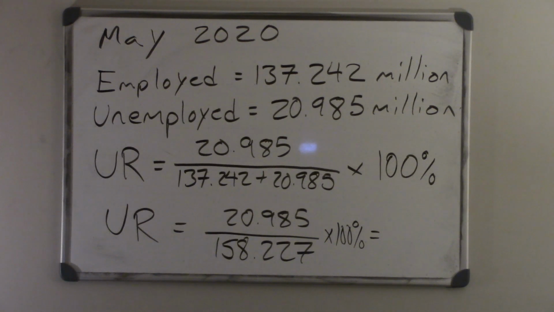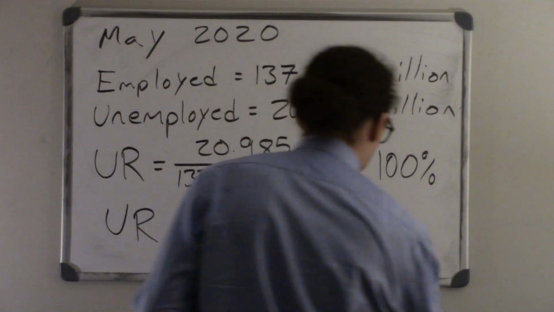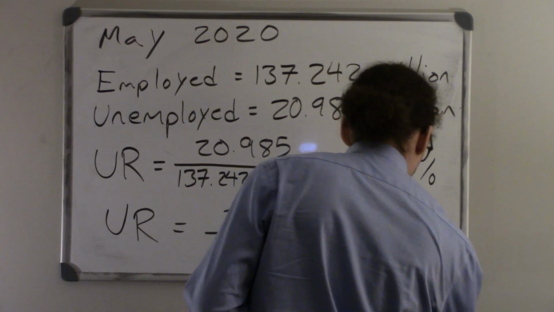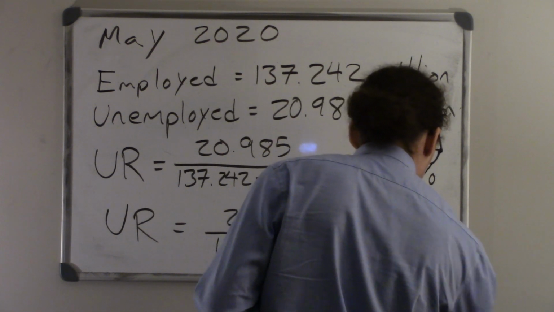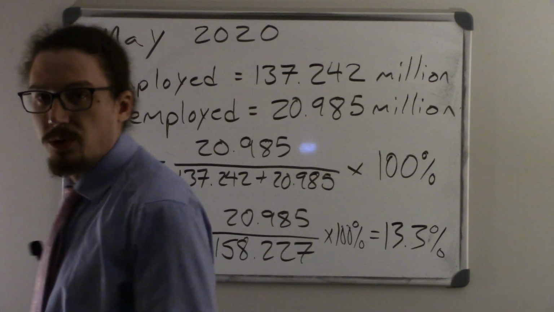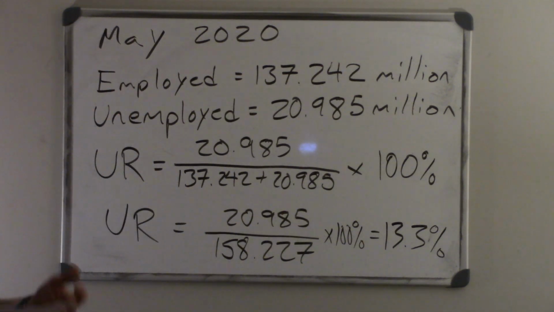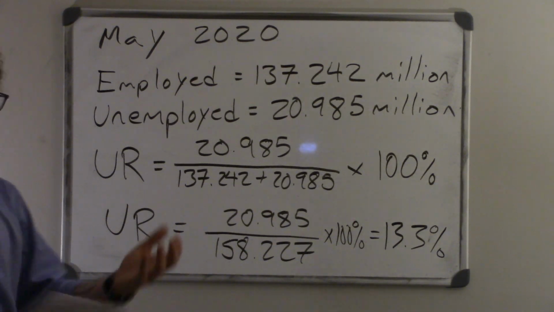All right, so once we've put this into our calculator, we're going to see that we had an unemployment rate of 13.3% for May of 2020. That is a very high unemployment rate.